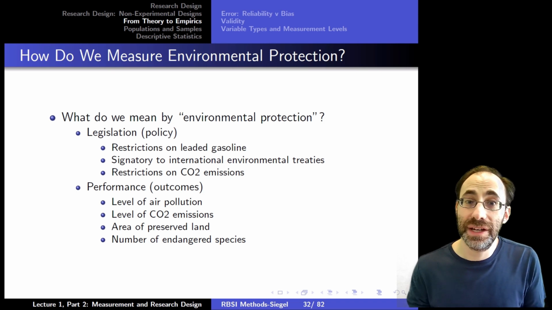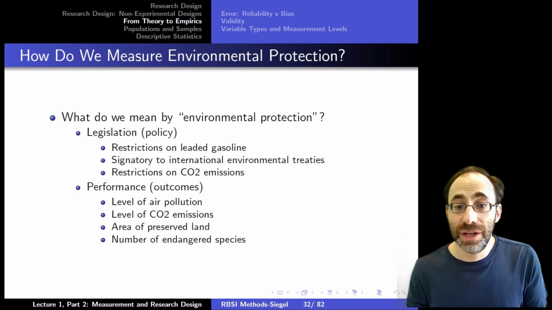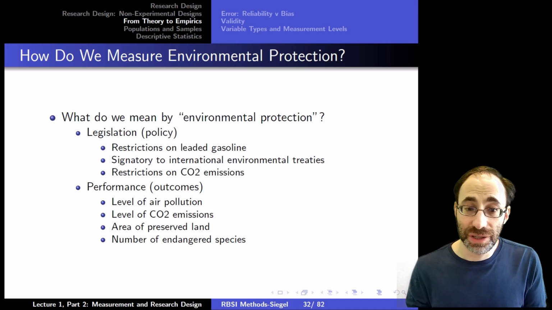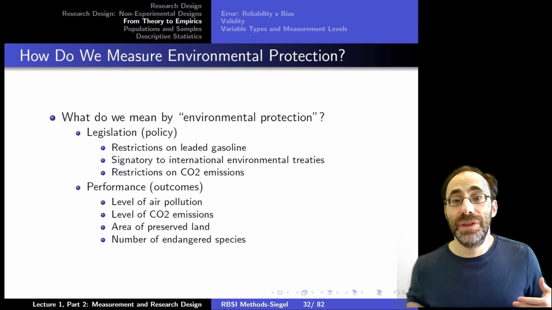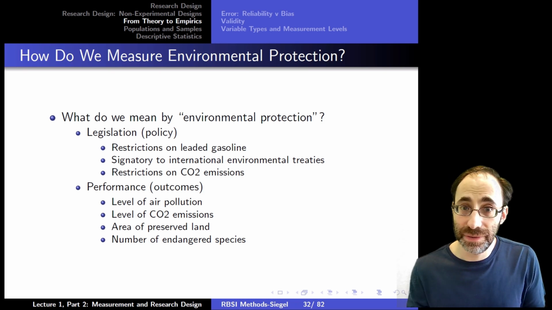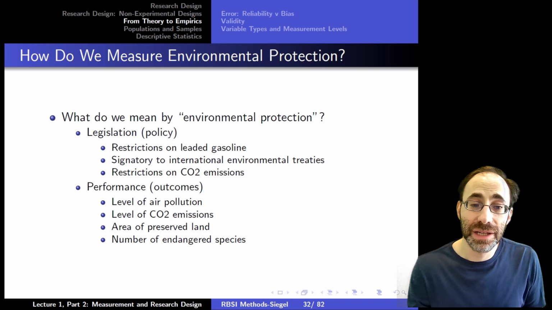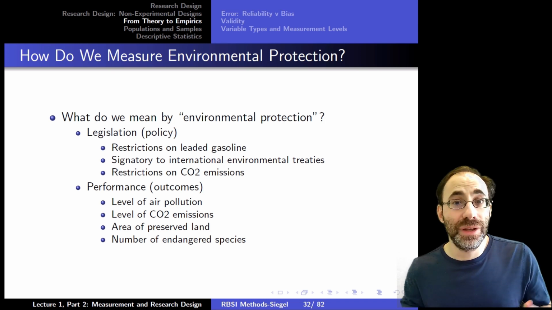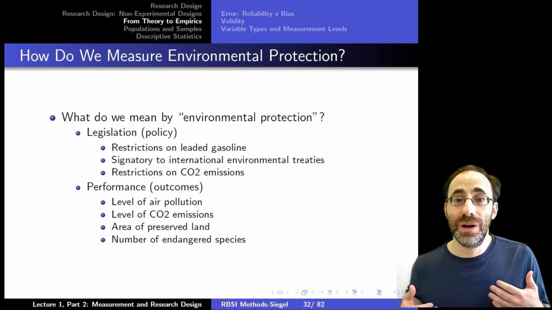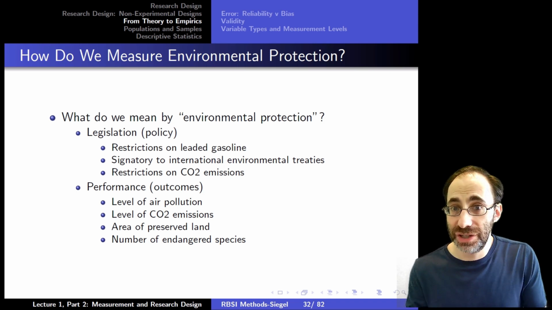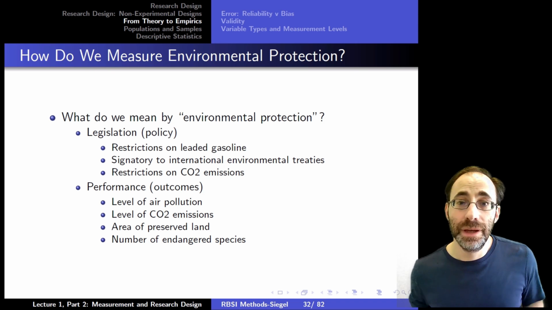So things like restrictions on leaded gasoline, or being a signatory to international environmental treaties, or restrictions on CO2 emissions, right? All these things relate to policies that a government may pass, or at least bring up and potentially pass, that help mitigate the effect of damages to the environment. So it's more of a forward-looking policy preference measure of environmental protection.